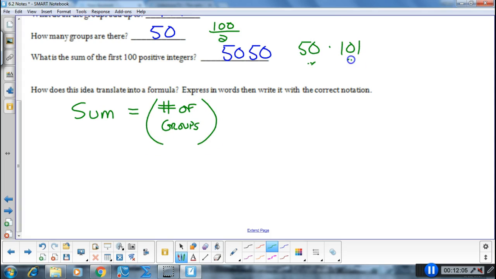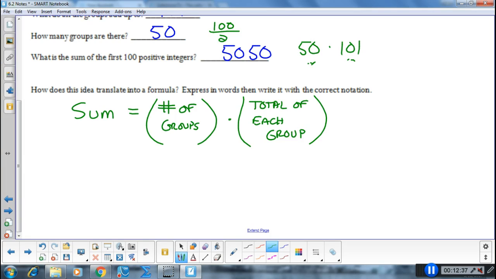And how did we get this 101 number? That's what every pair adds up to. So that's the total of each group, right? Alright, so we're there.